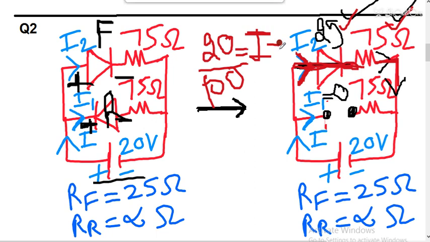So I is equal to I2, because I1 is equal to 0. Whole of the current coming from this point is flowing in the upper resistance, in the upper closed loop. So I hope this is also clear.